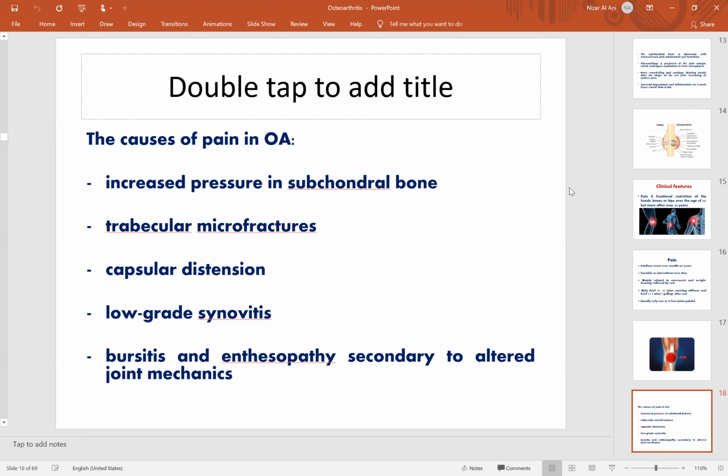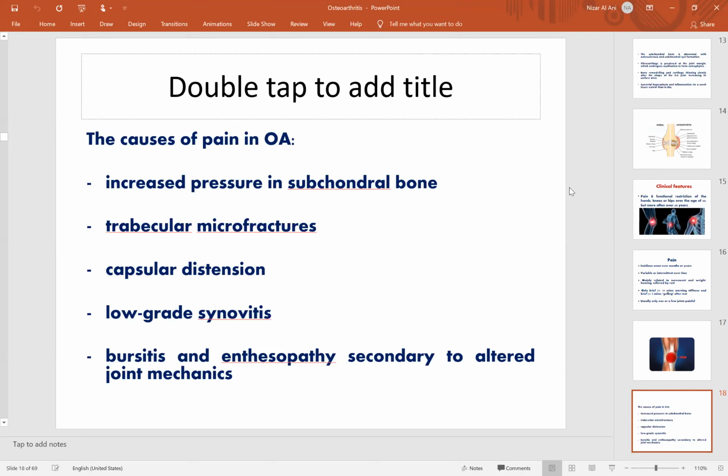Also, the structures around the joint are inflamed in patients with osteoarthritis, like the bursae and the site of attachment of soft tissue to bone. All these, when inflamed, may cause pain. Other clinical features are restriction of the movement of the joint due to capsular thickening or blocking by osteophyte. There is a palpable and coarse crepitus due to rough articular surfaces.